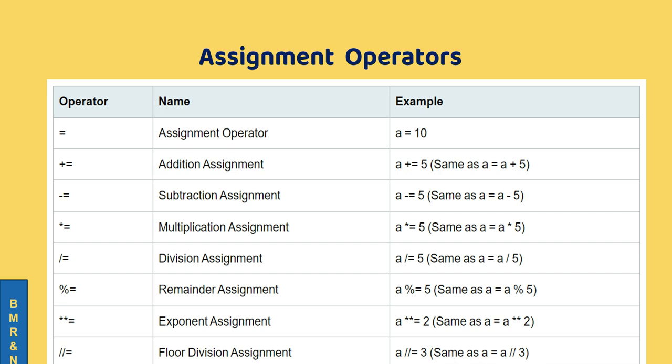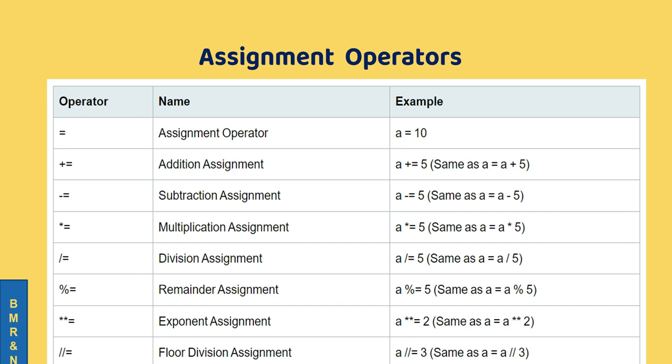In the first column you can see the symbolic representation of these operators, in the second column the names, and in the third column the examples. In the example column, value 10 has been assigned to variable a on the left.